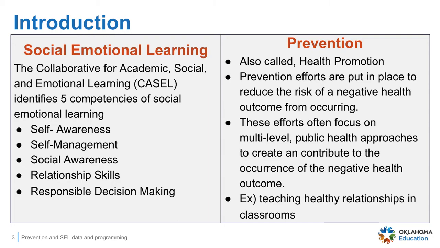Prevention efforts are multi-level and should encompass more than just classroom instruction. We will be discussing best practice for effective implementation of SEL and prevention programming through the use of the social ecological model, the SEM model, and data-based decisions.